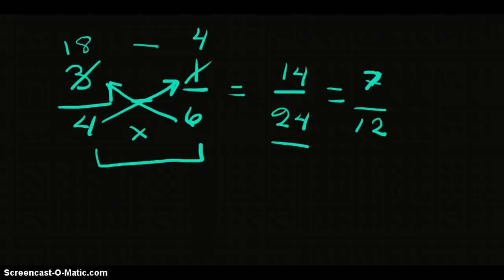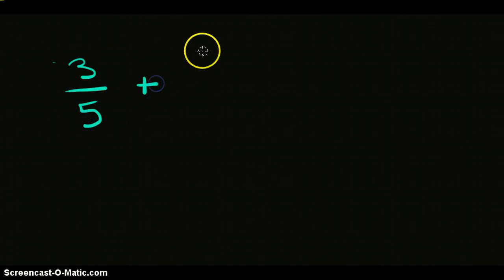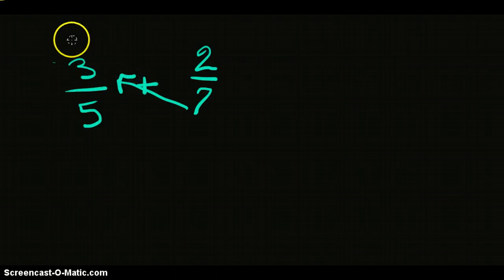Let's go over this one more time just to be sure it's clear in our head, and then we'll move on. This time we're going to take 3/5 plus 2/7. The process, exactly the same. I'm going to multiply 7 and 3, cross multiply, and get 21.